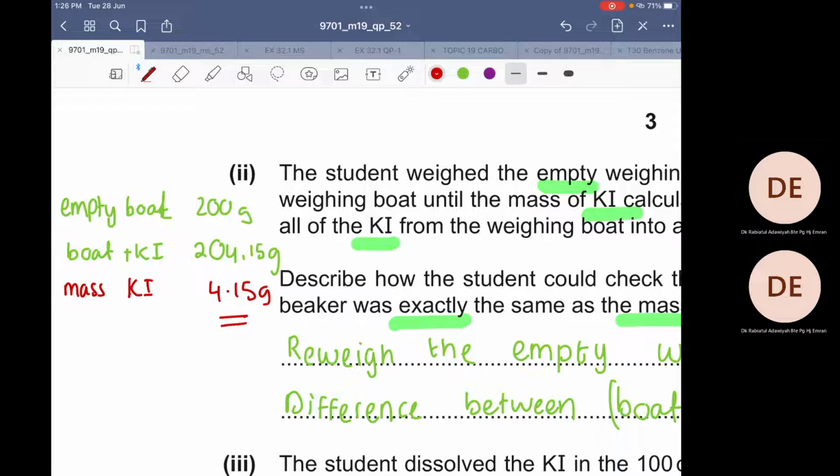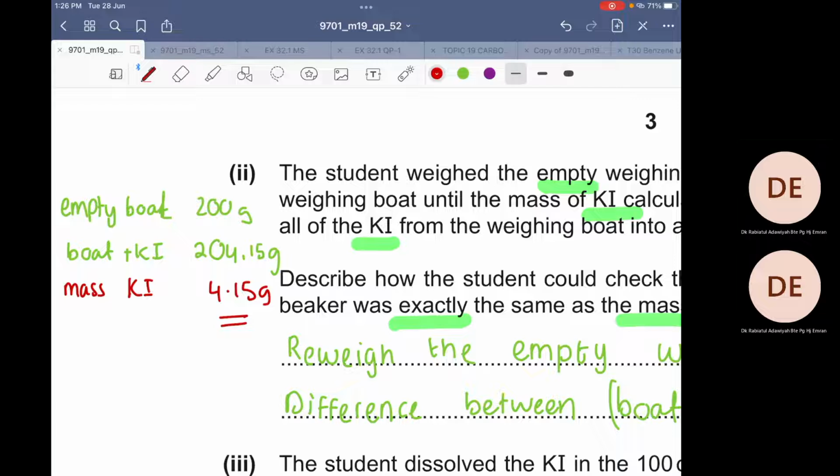But actually, some solid residue may be stuck onto the weighing boat. Even if we use our naked eye, we don't see any solid, but we don't know that some of the solid may stick onto the boat and not all of it is being transferred, all right? So the question is saying this is not accurate. To say that the student has transferred 4.15 grams of mass is not accurate and it's not confirmed.